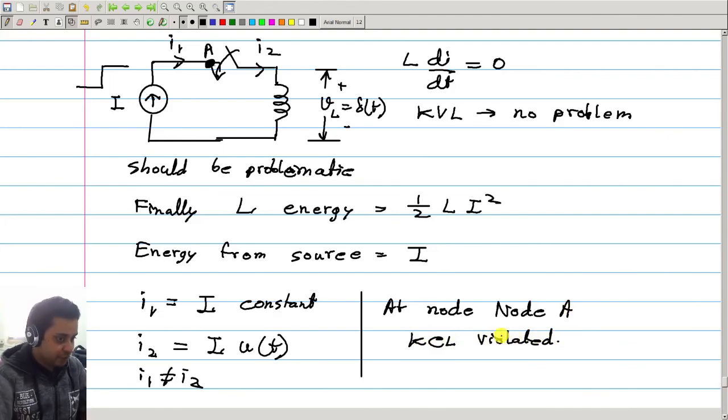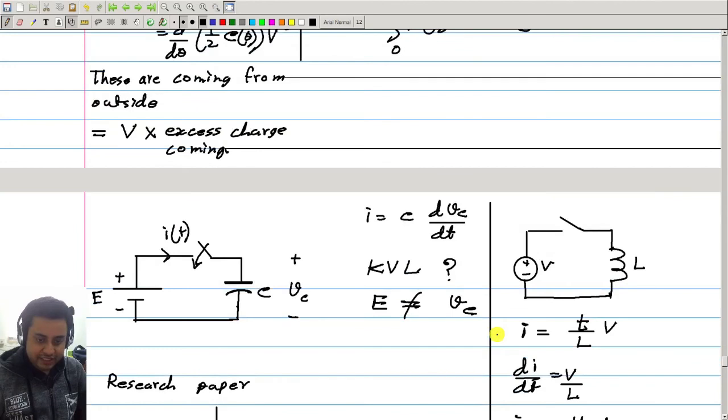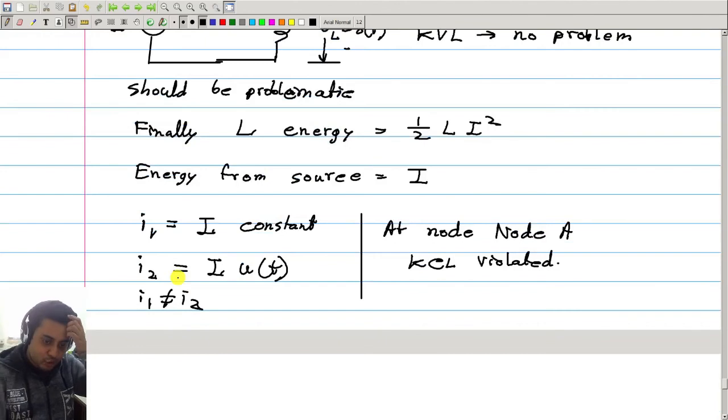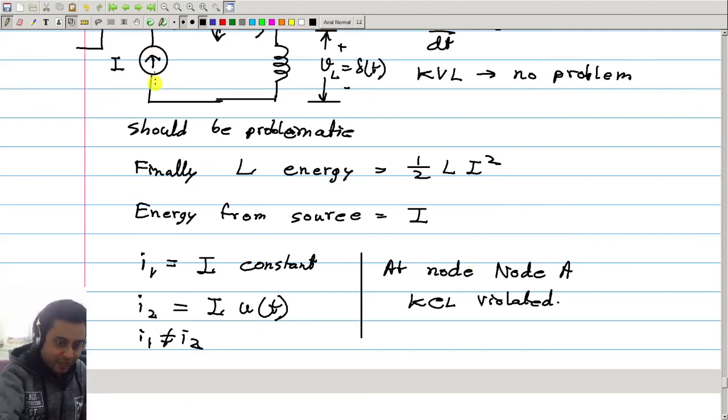I was in fact expecting KCL to be violated, because in the previous case KVL got violated, and since these are dual problems, my expectation was that somewhere KCL should be violated. Now I find that it is the case. And of course, as you are also saying, we will have a problem in calculating the energy.